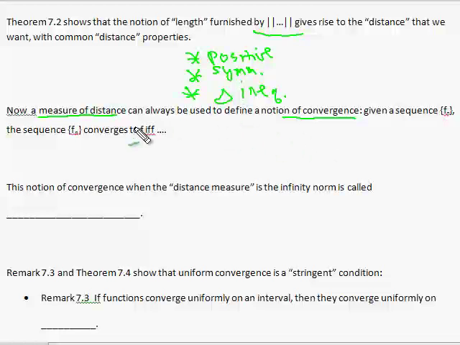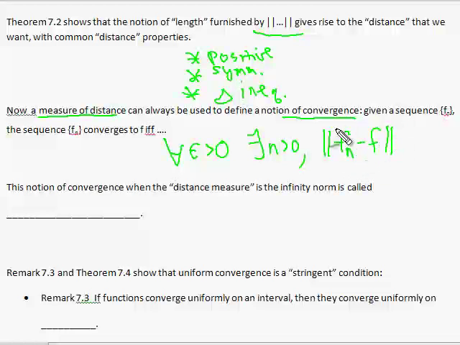So the sequence fn converges to f if and only if for all epsilon greater than 0, there exists n greater than 0, such that, here we're using the two lines to denote the norm, the norm of fm minus f is less than epsilon for all m greater than n.